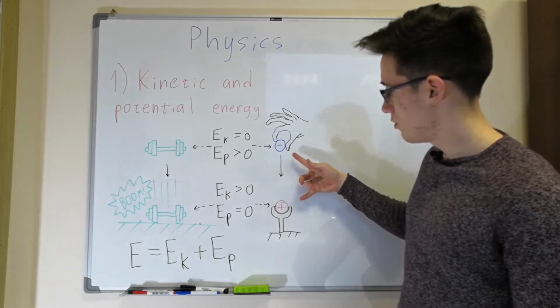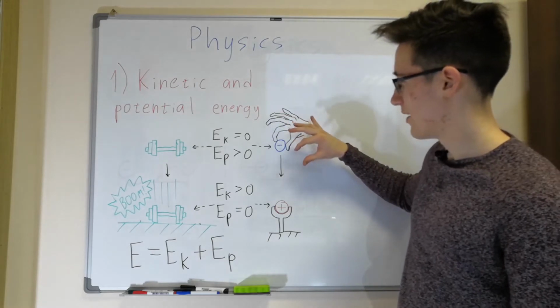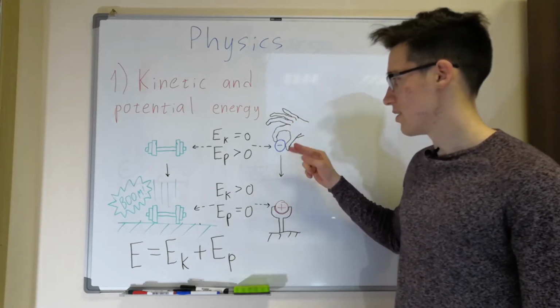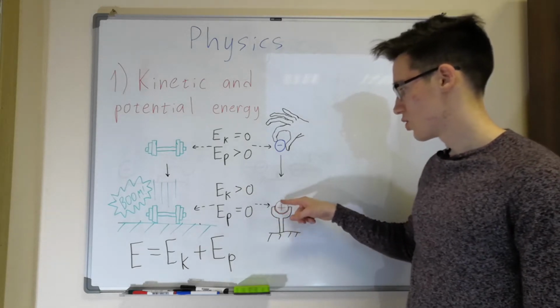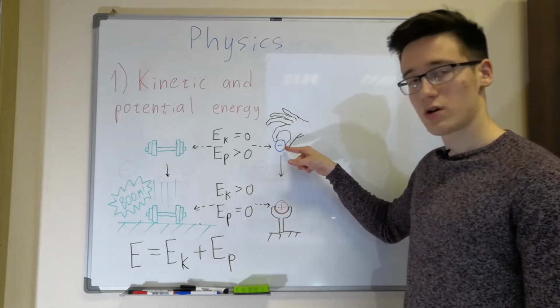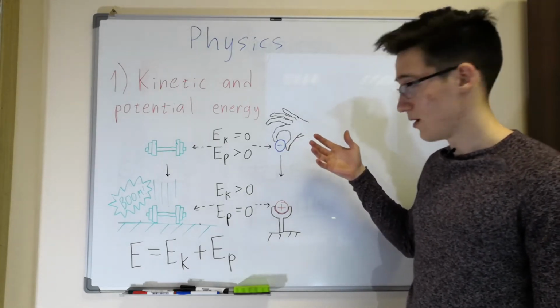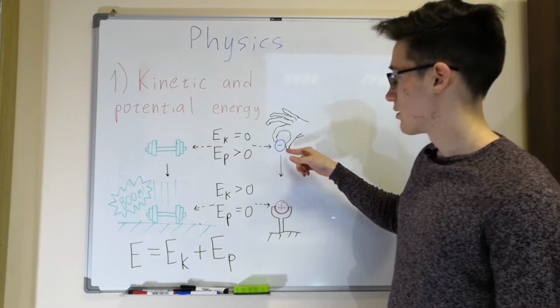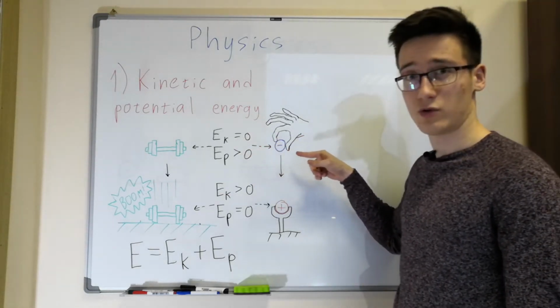Here you can see two charged particles, one of which is held by a human hand, and in this position it has a non-zero potential energy because this charge attracts this charge using Coulomb force that we have just talked about, and this is why here it has a non-zero potential energy but zero kinetic energy because it is not moving right here.